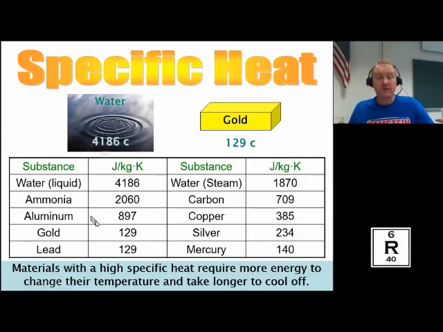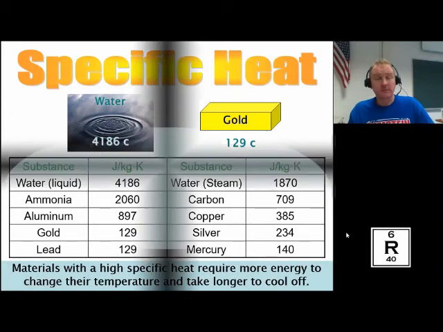We have ammonia, aluminum, gold. You can see things like mercury, which thermometers used to be made out of, has a very low specific heat, which is a good thing to put in a tube, because slight changes would make mercury go up and down that thermometer pretty well. So materials with a high specific heat require more energy to change their temperature and take longer to cool off.